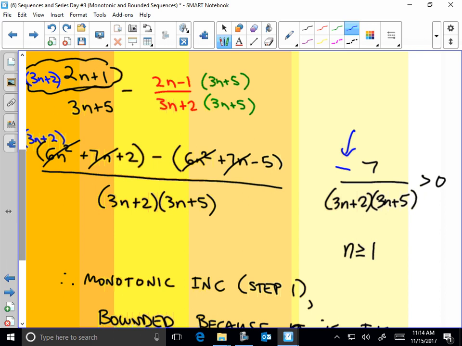What we don't like is something like n minus 7, because sometimes that's negative. When n is equal to 1 up to 6, it'd be decreasing, and then it'd be increasing after that. So we don't like when we get a variable in the numerator. We do like when it's a constant, because then we can predict whether it would always be increasing or decreasing.